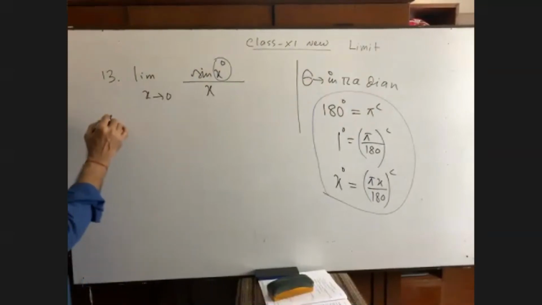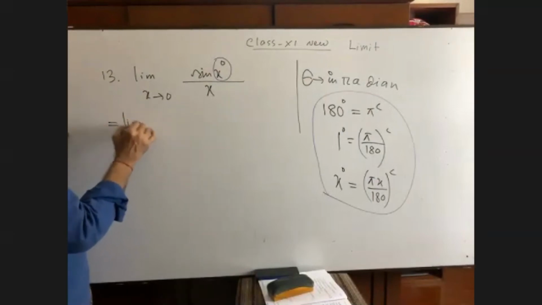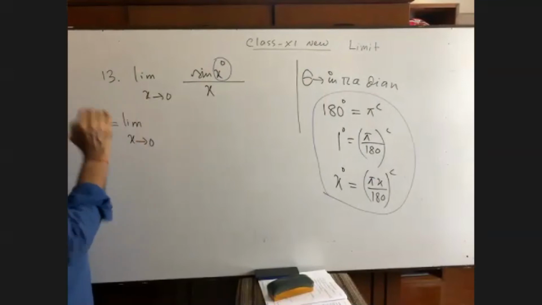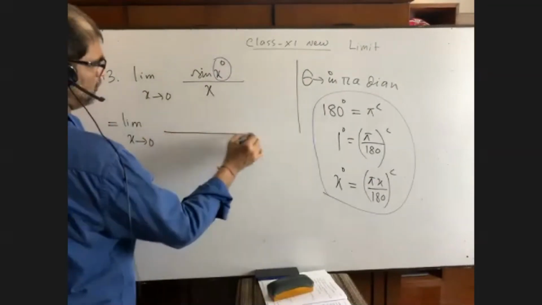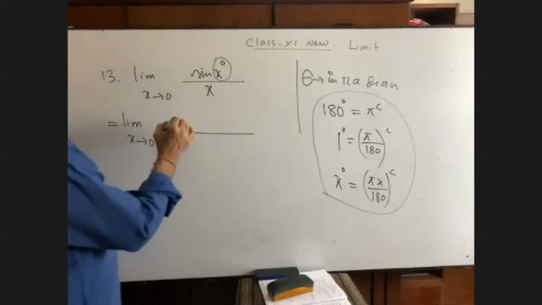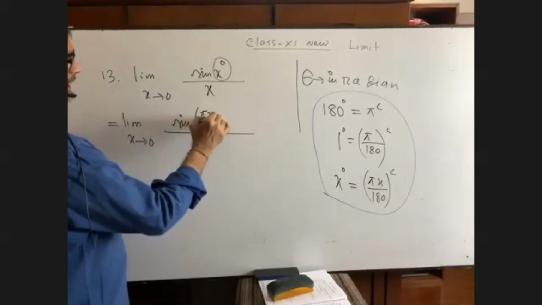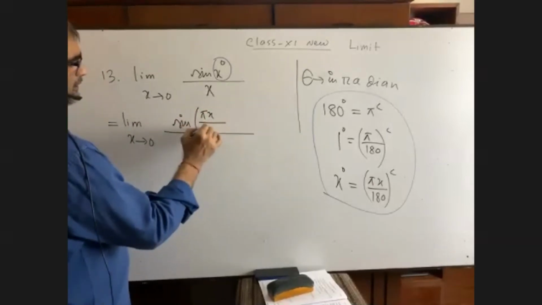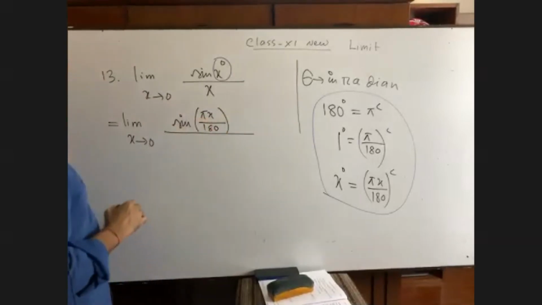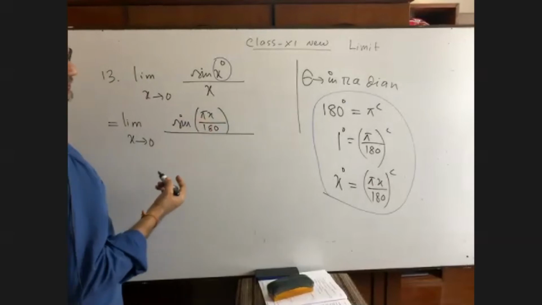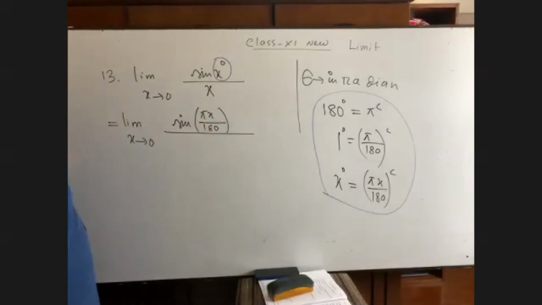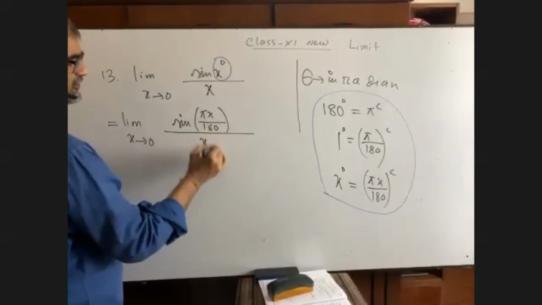So what should be written now? You see, limit x tends to 0. Now let me know what is sine x degree. Sine x degree is sine of pi x by 180. What is x? What can be put for x here? Talk to me. So pi by 180, there is no degree here, so it will be as it is.